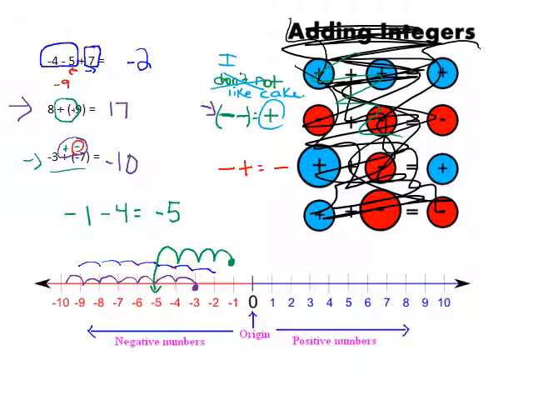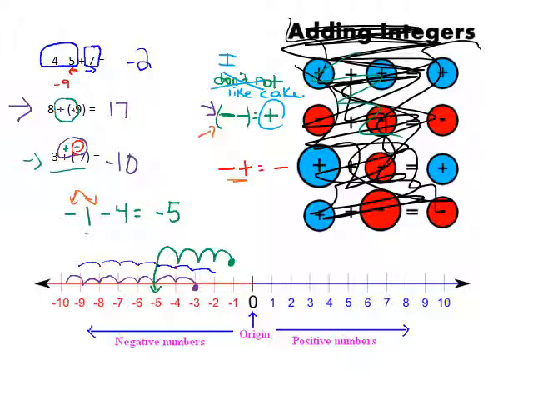And I hope you're not wondering about this back here where I said, oh, when there's two negatives, it makes a positive. We do have two negatives here, but they're not right tight together because there's a number in between, right? And so we don't have to worry about what the signs are going to do or what the signs are going to change to because they aren't tight together, so they don't need to get along or not get along, right?